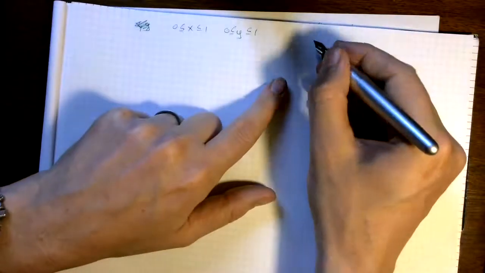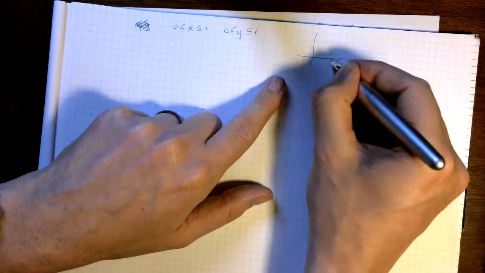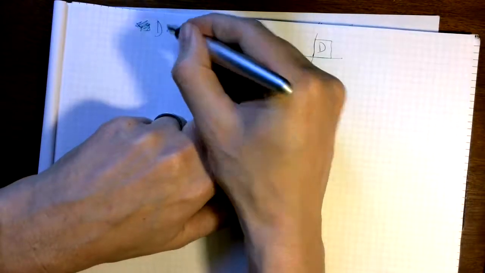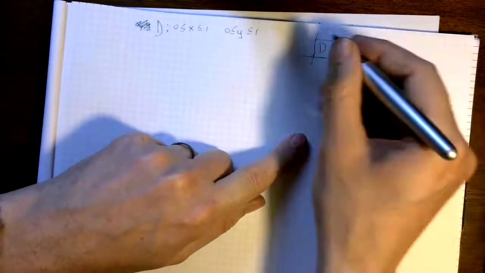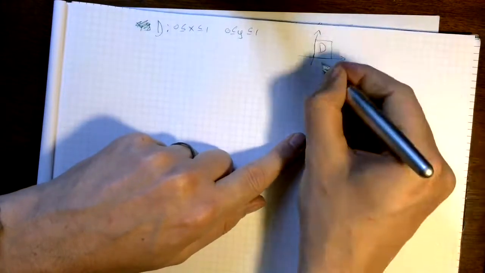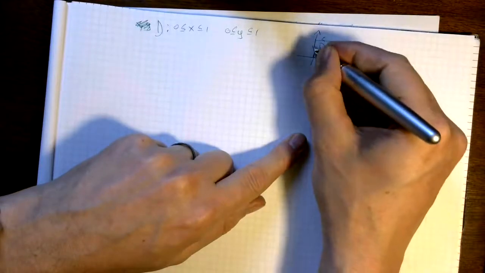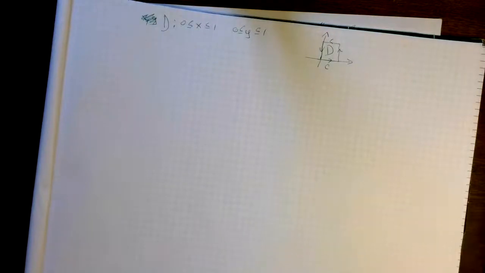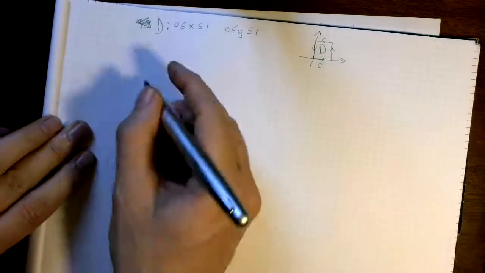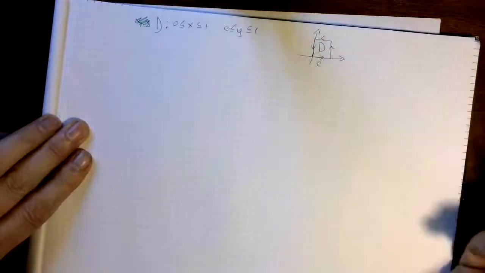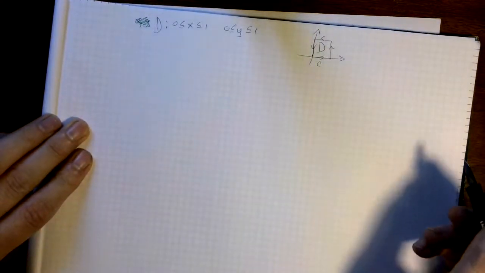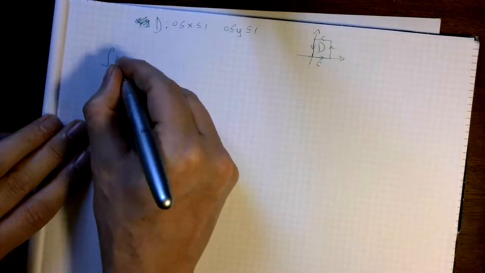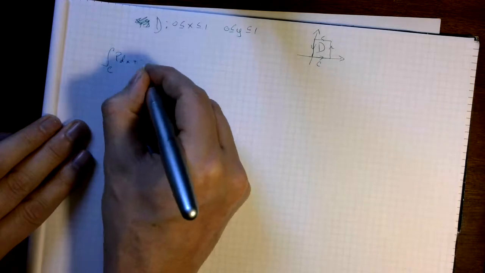Let's suppose that is our D. Our C is going to be the curve that goes around D. Let's start on one side and we'll end up at the other side. So let's start with the integral over C of P dx plus Q dy.